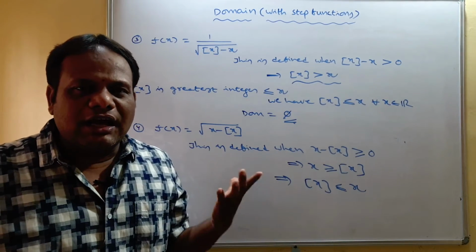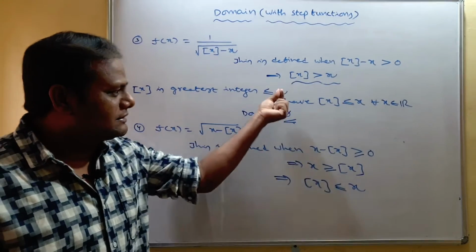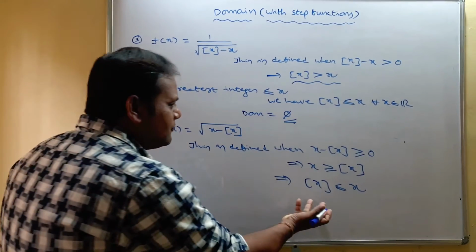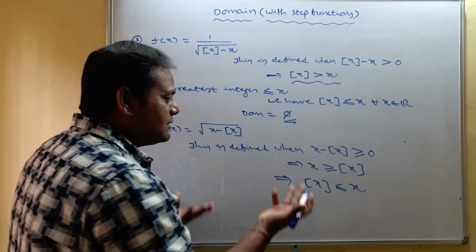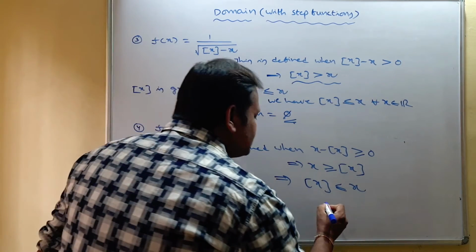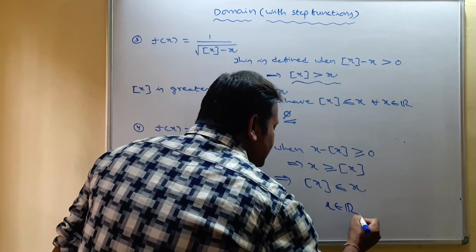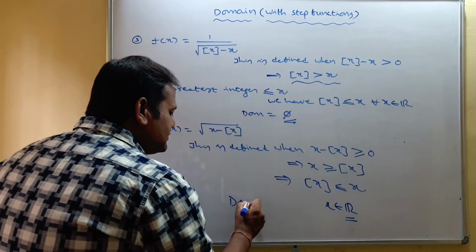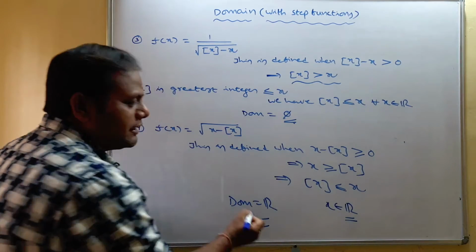So for all real numbers, step x is less than or equal to x only. When is it possible? For all real numbers. So x belongs to the real numbers, and the domain of this function is the entire real number set.